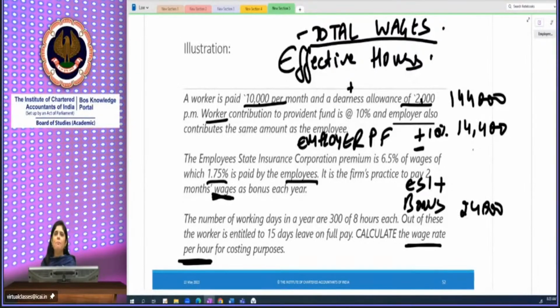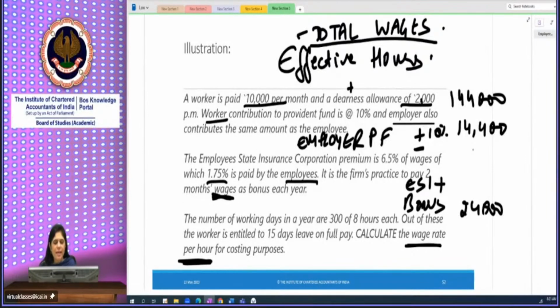To compensate the high prices, the employee is given the dearness allowance so that it can counter the inflation effect. So salary remains 10,000, but dearness allowance keeps on increasing. It is basically relief against inflation or high prices in the market. All right, that is dearness allowance.